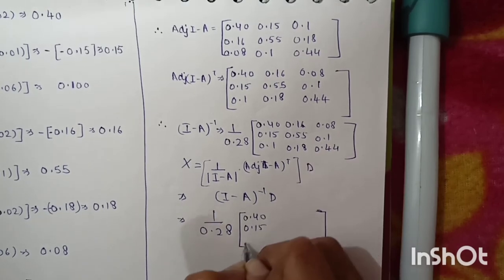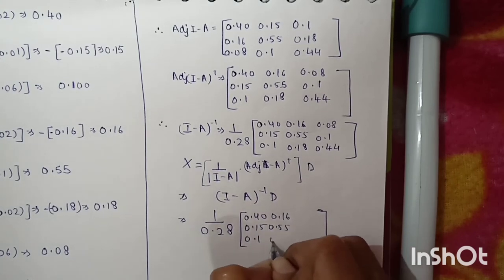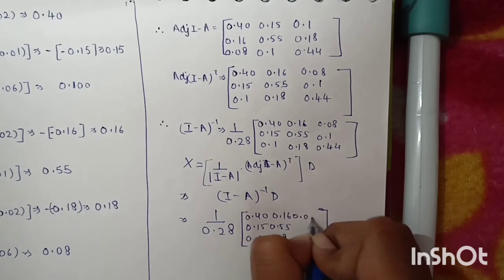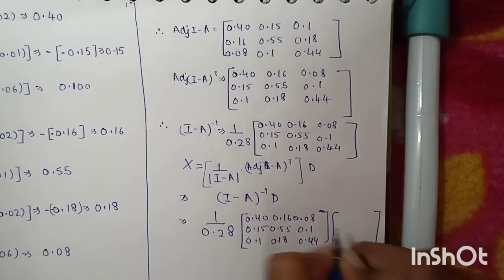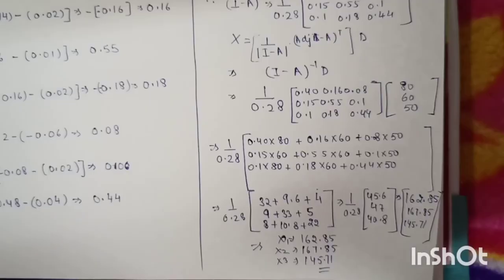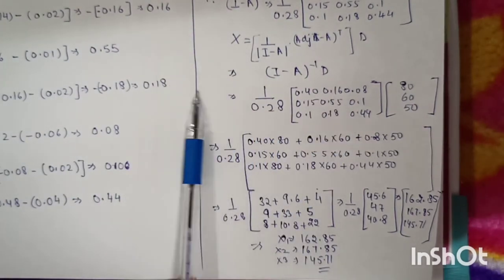And now we just have to use our demand matrix. So now we just have to put the demand matrix here, that is 80, 60 and 50. So students, in the end you have to find the X matrix, the output matrix.